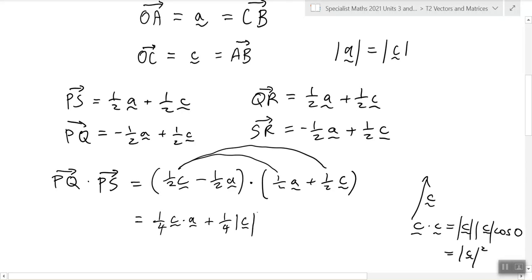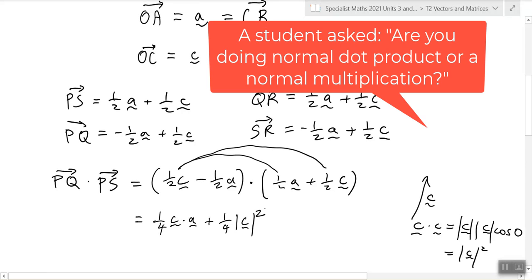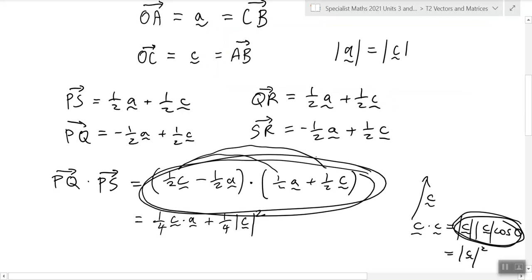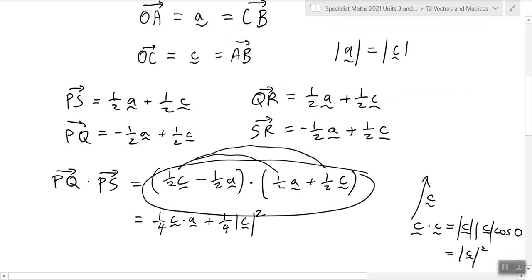Because what you're doing, are you just using the dot product as like a normal times thing? Yeah. So this is like a FOIL process I'm doing. You know this dot product when it's in polar, this is when it's in Cartesian. So the A and C are like i and j.